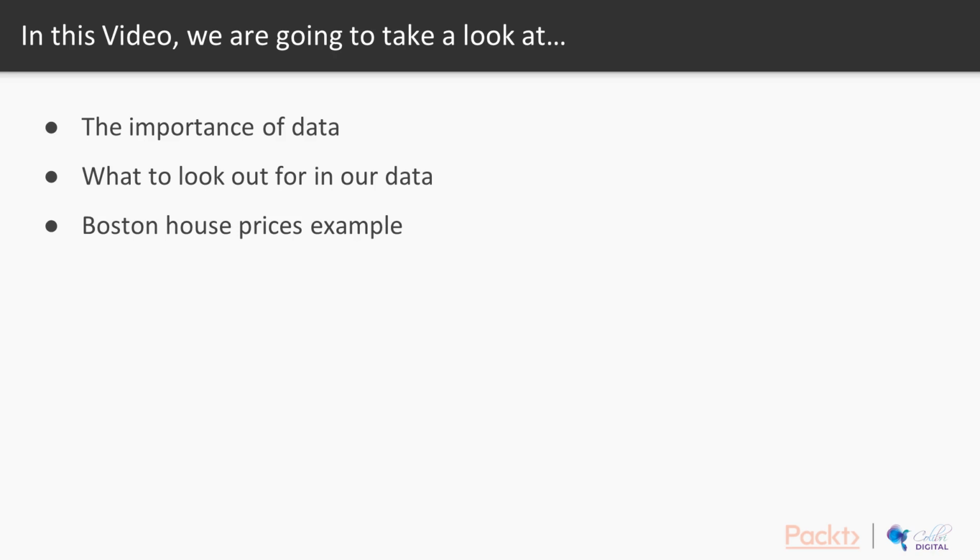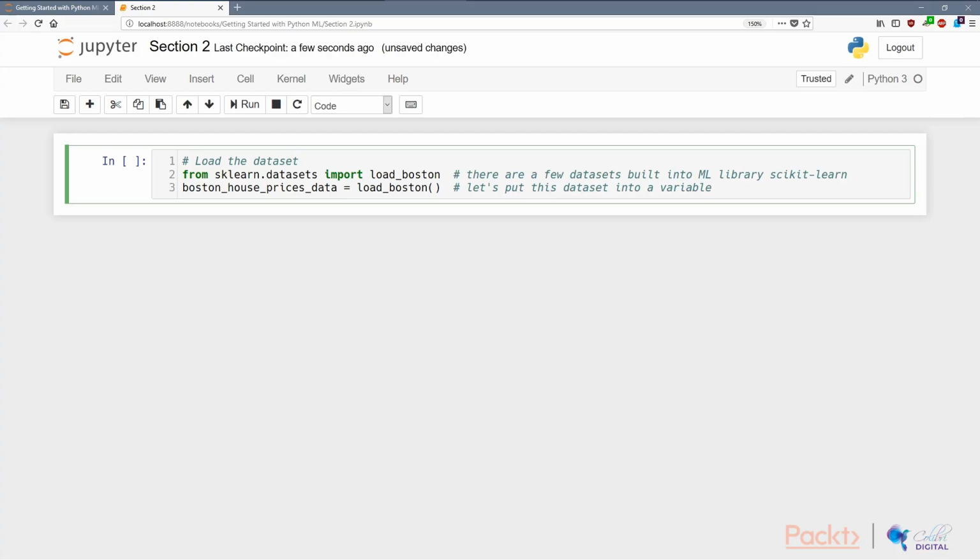In scikit-learn, you can very easily load a toy dataset called Boston house prices, where you get attributes of a house and you can predict its house value. So let's use this example to take a look at what to look at in data. I have opened my Jupyter notebook, and as usual, you can find these notebooks in the companion code files from the course.